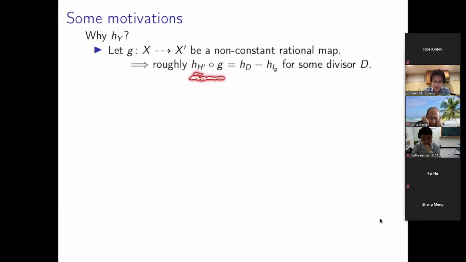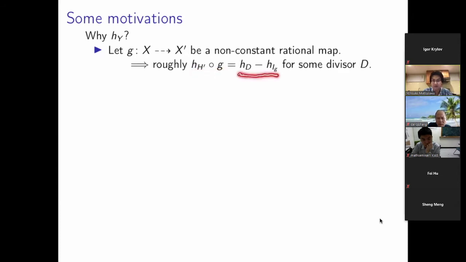So this is an ample height function on X'. So this is a pullback of the ample height function to X by a rational map. So when you study arithmetic dynamics, we usually want to know the behavior of this kind of function on the orbit, and this function can be written roughly in this form.